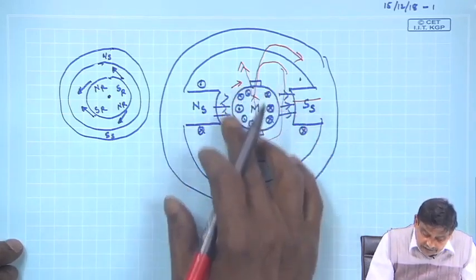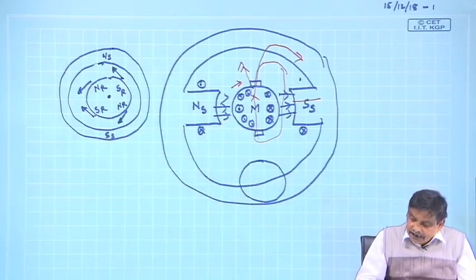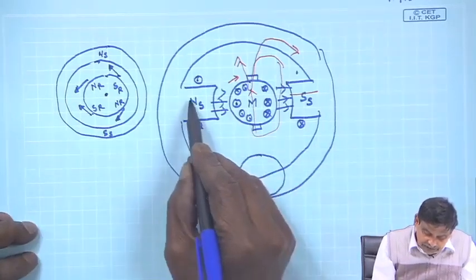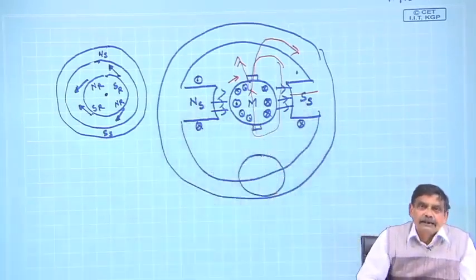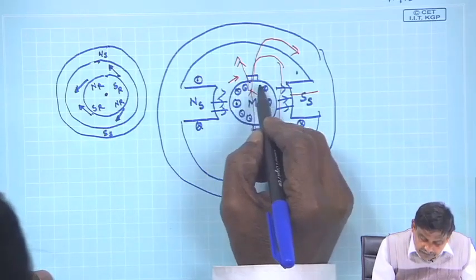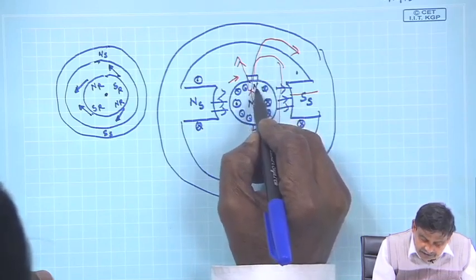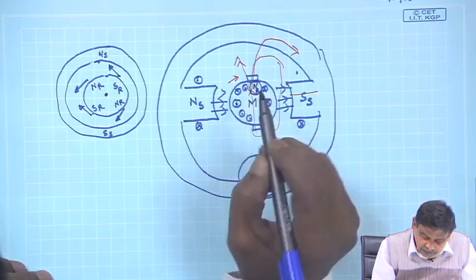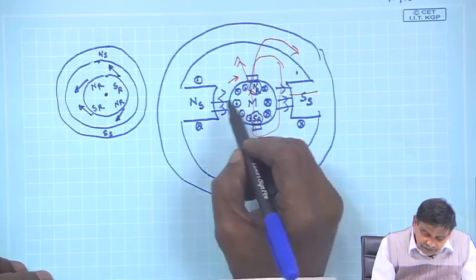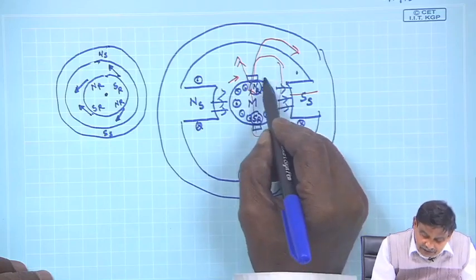Now, I applied the left hand rule on this diagram and got this result, but I could also do it like this. Look, this is Ns, this is Ss. Where are Nr and Sr? If you look at this part of the iron, where lines of force are coming out must be your Nr, the rotor north pole, and here it must be your Sr. So you see Ns and Nr will repel and the rotor will start rotating.